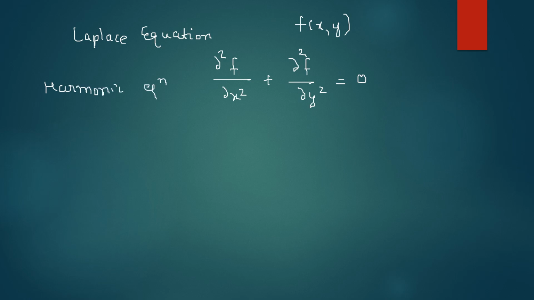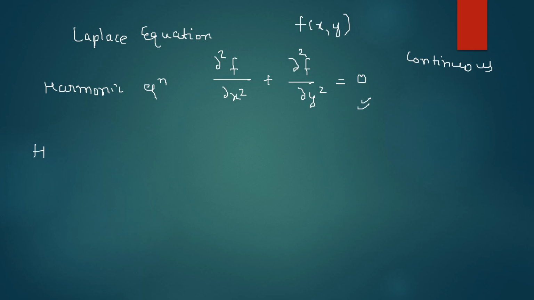Is it clear? So for a harmonic function, these things have to be satisfied. Firstly, the function has to be continuous in its partial derivatives up to that order, and second is the Laplace equation.